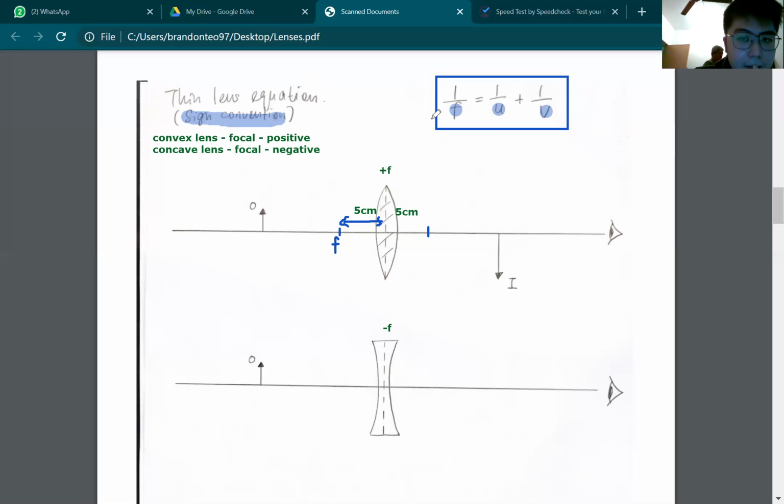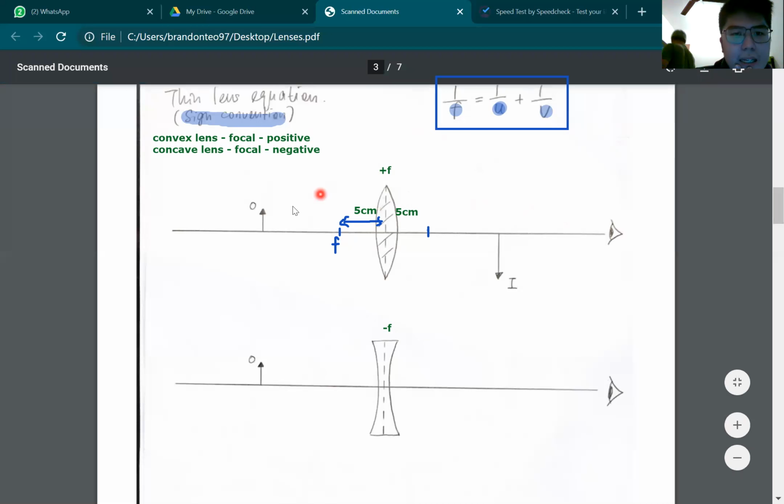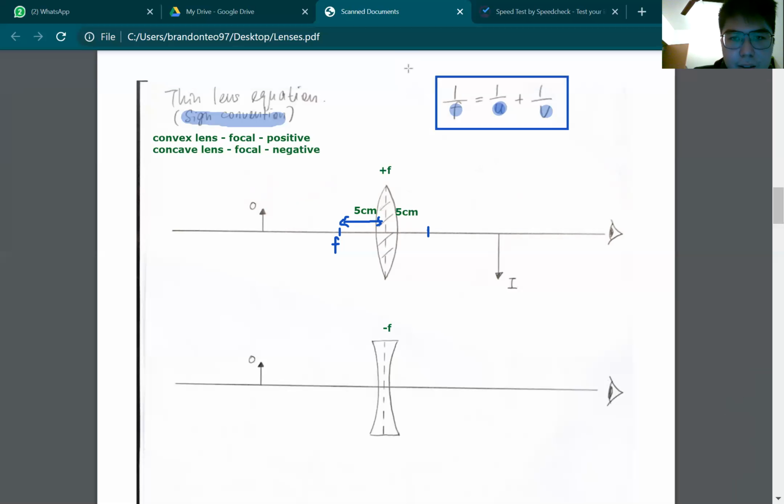Okay, this one okay. Now, second one, we talk about the u. U 是什么？U 是 object 的 distance. 怎样量那个 distance 呢？就是你量 from the center of the lens. Okay, 在中间，你看这个 dotted line 在中间我们永远是量从这个 dotted line 中间量出来。Okay, so if I draw the line, this is the distance of the object.